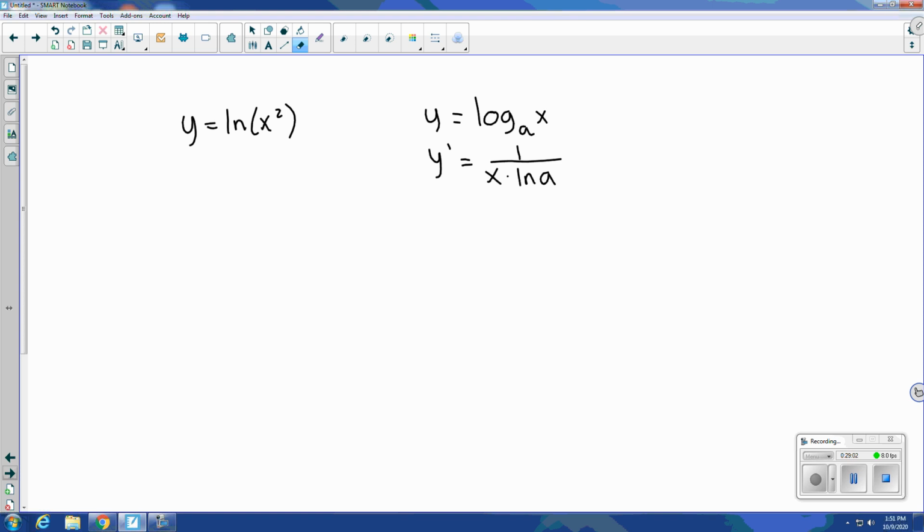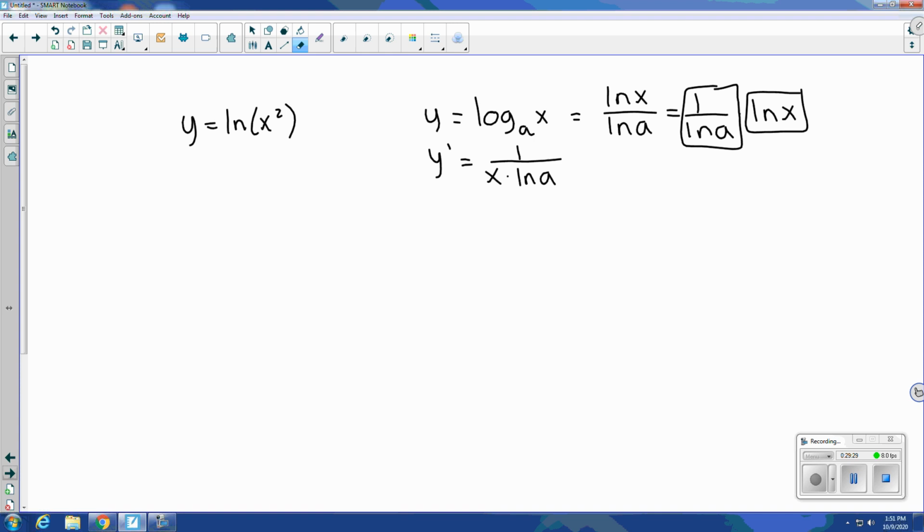I mentioned in class that you could restructure or change a base formula if you're more comfortable dealing with natural logs. And the reason you can do that is because when you restructure the equation in this new format, 1 over ln a is just a constant. So you can just leave that out front when you calculate the derivative of whatever this piece is.